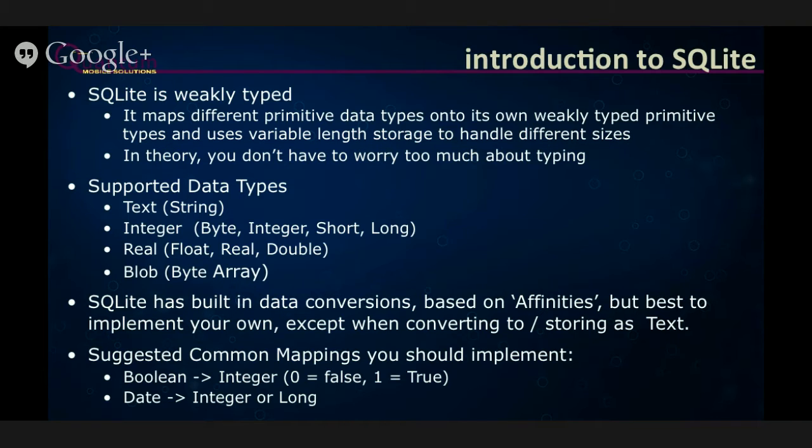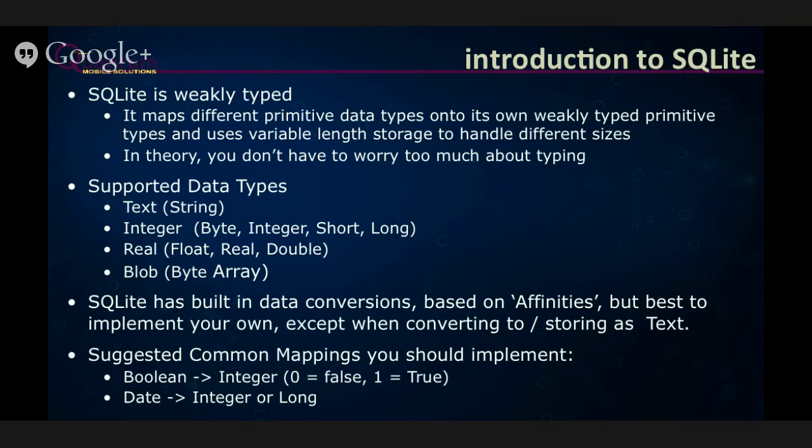So anyway, SQLite is also weakly typed. It basically maps different primitive data types onto its own weakly typed primitive types. Okay, and uses variable length storage to handle the different sizes of that data. So in theory, you don't have to worry too much about typing. SQLite will handle almost everything in the background for you.